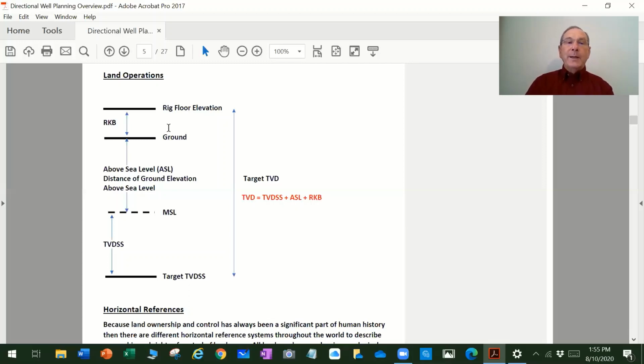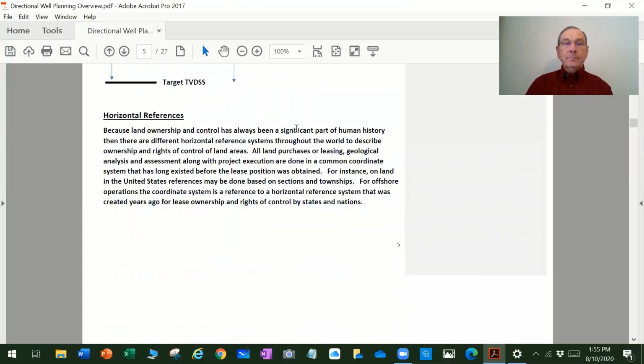We'll have approximate distances for these, but not exact. So you really won't fine tune this till you actually are probably moving the rig on location to adjust that target TVD to the project TVD based on your actual elevations.